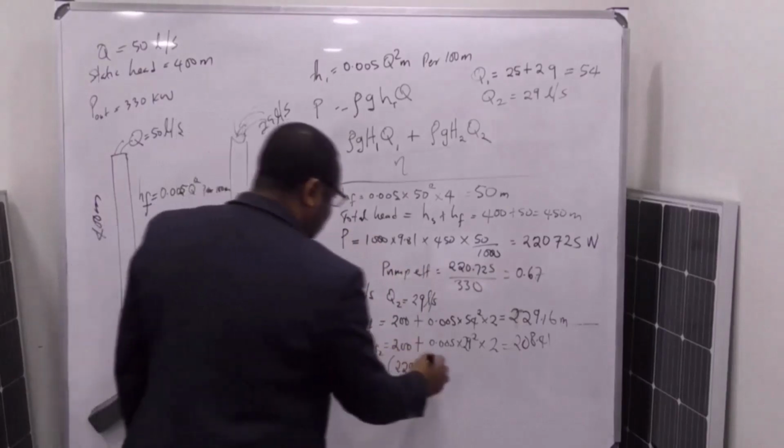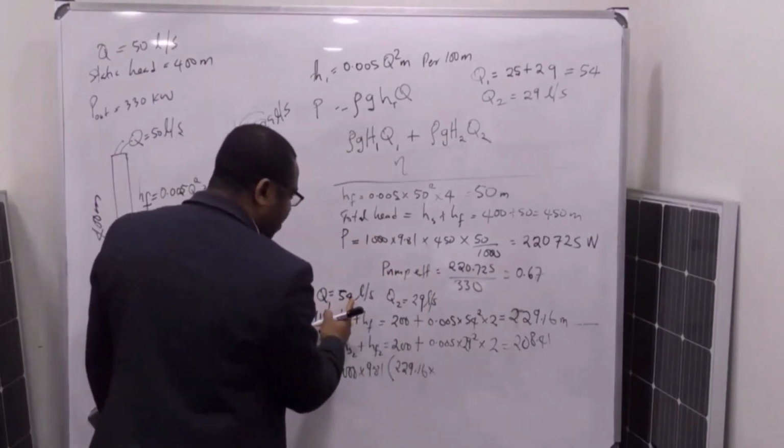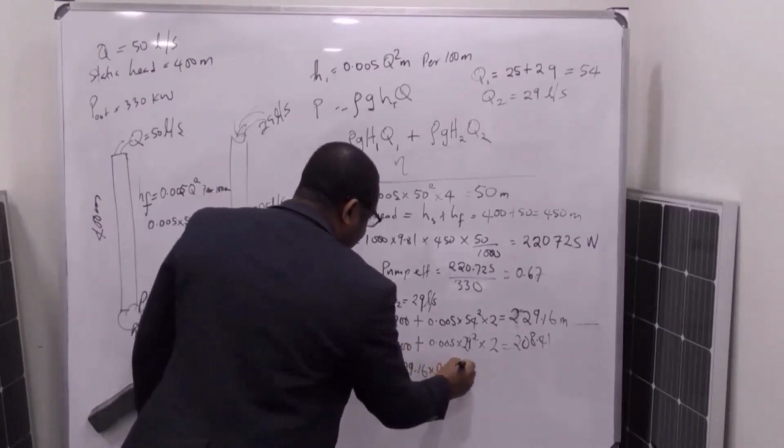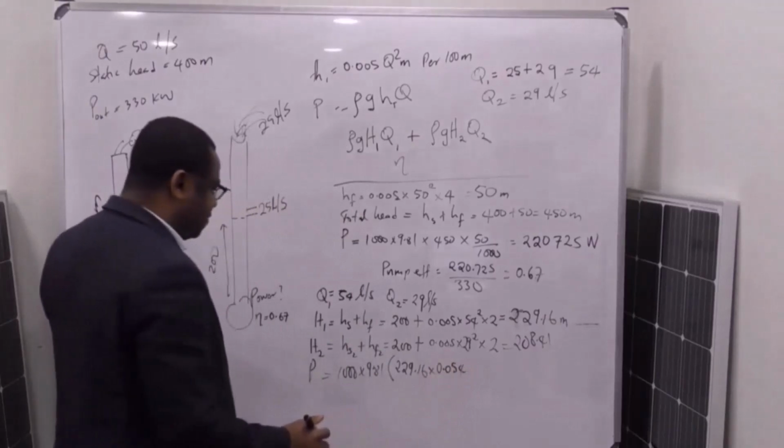Q1 is 54, remember that you divide by 1,000 to get 0.054. This is the meter cube per second.